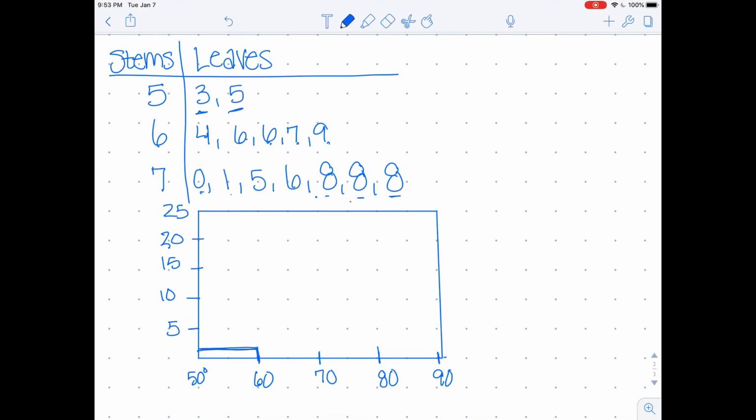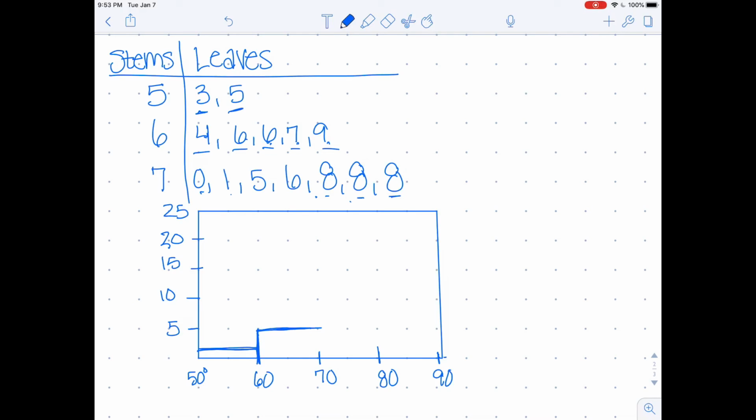Now we're going to find the number of times we got a temperature between 60 and 70 degrees. So we've got 1, 2, 3, 4, 5 times. So I'm going to draw, and in a histogram, the bars are connected. That's kind of the difference between a histogram and a bar graph. A bar graph shows more information, but right now we're only worried about the histogram.